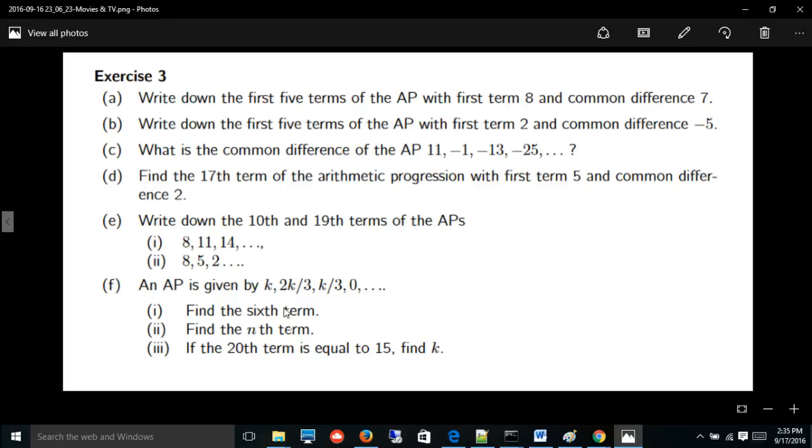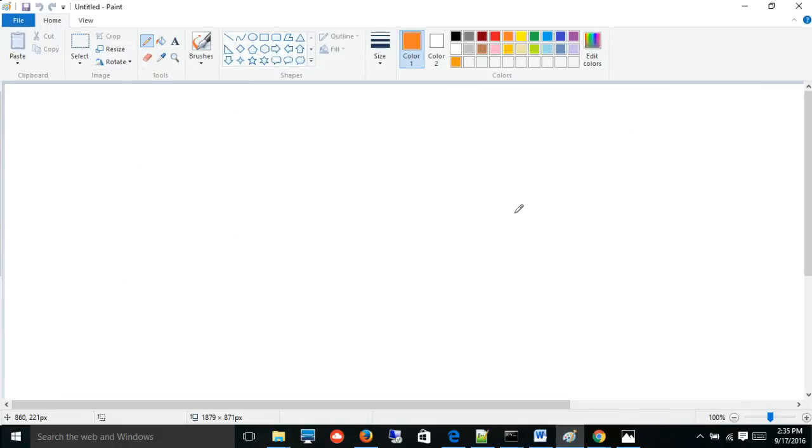First part, find the value of the sixth term. The sixth term is nothing but T6, and the series is given as k, 2k by 3, k by 3, 0, and so on.